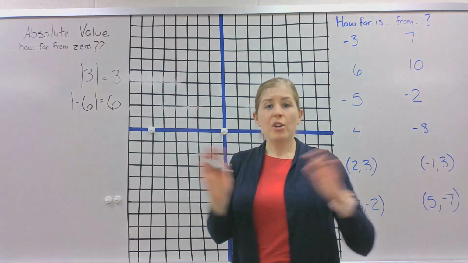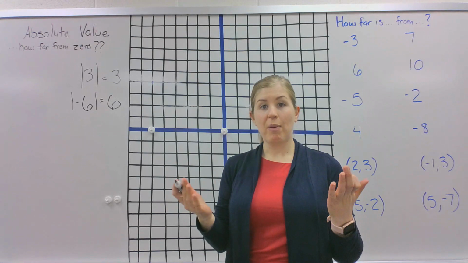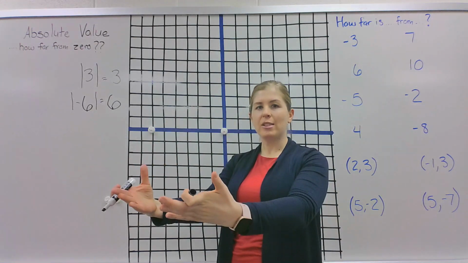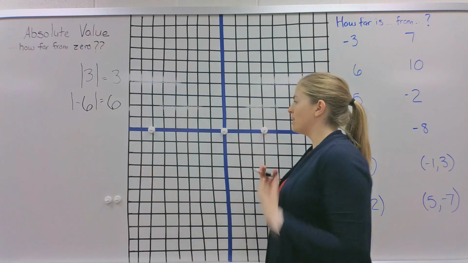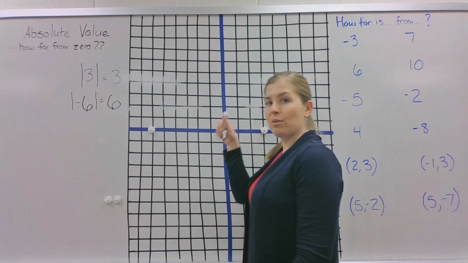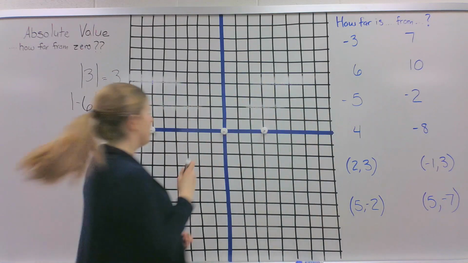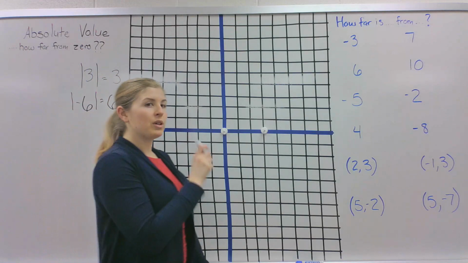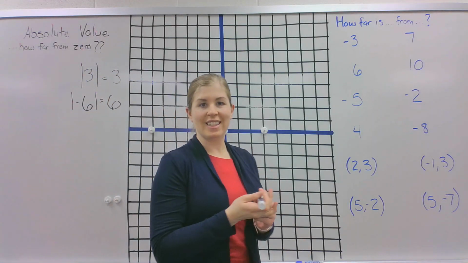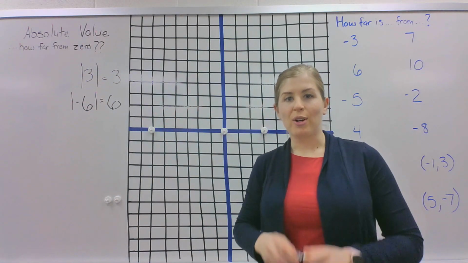It's not a negative number. No, absolute value is going to be positive because we're just telling how many spaces. If I was at positive 3, I would go 1, 2, 3 spaces to get to 0. If I was at negative 6, I'm going to walk forward 1, 2, 3, 4, 5, 6 spaces to get to 0. That's how absolute value works.